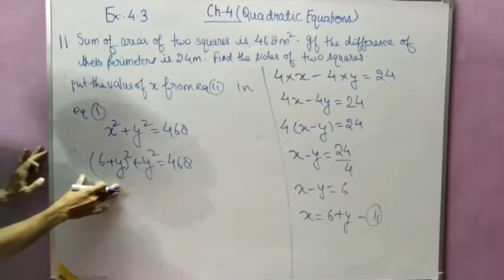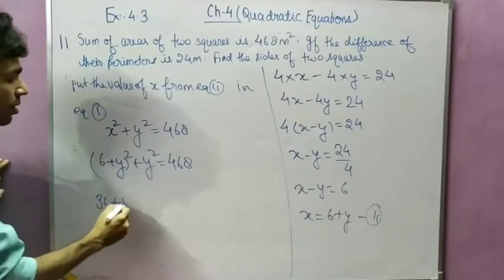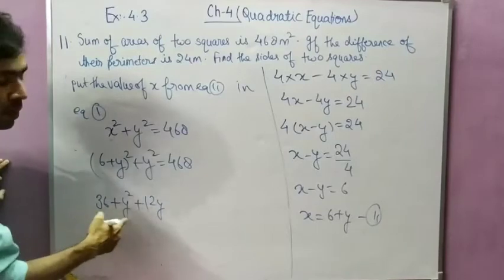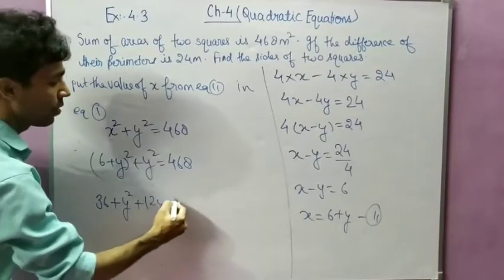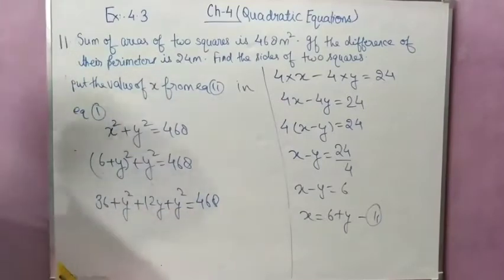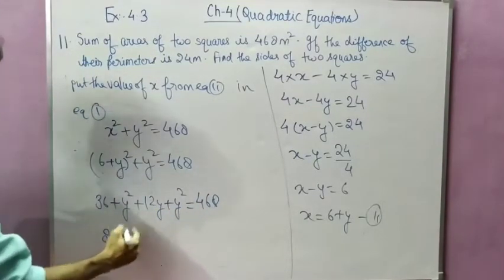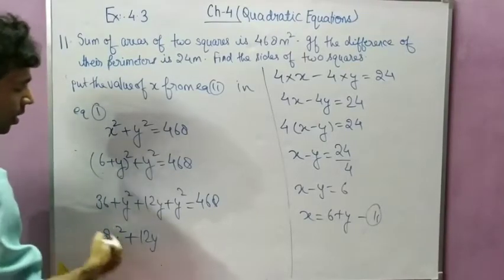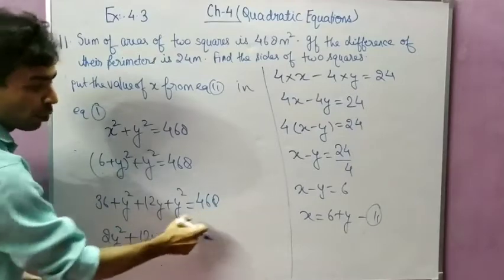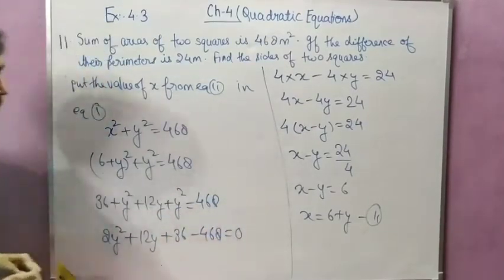Now open it in the formula of (a plus b) square. So it will come 36 plus y square plus 12y, that is a square plus b square plus 2ab, plus y square equal to 468. Now the y squares become 2y square plus 12y plus 36, and when it transfers from this side to this side, it will come minus 468 equal to 0.